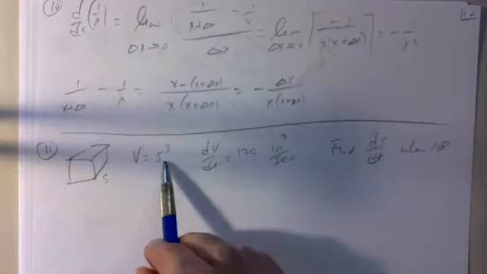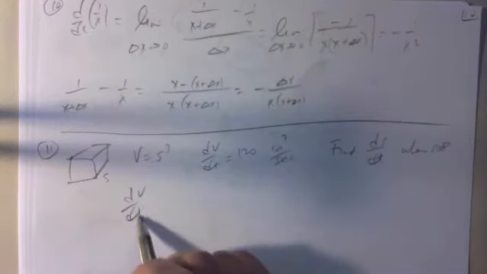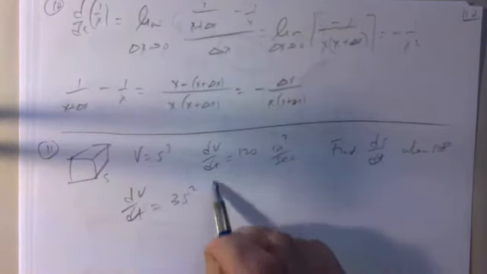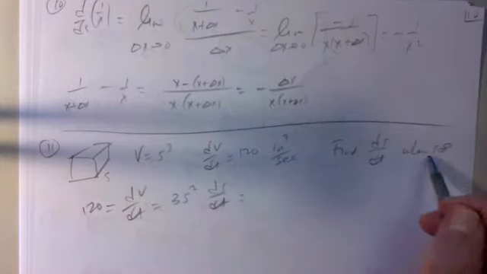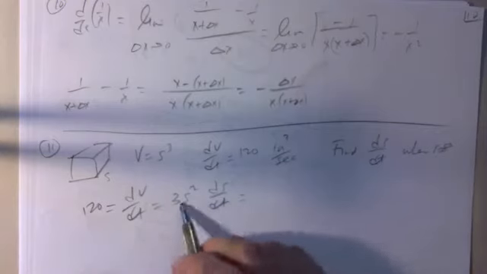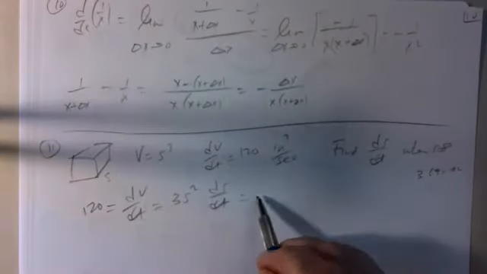So if V is S cubed, dV dt is 3S squared ds dt. And dV dt, we're told, is constant, 120 cubic inches per second. And when S is equal to 8, this is 3 times 64. 3 times 64 is 192.